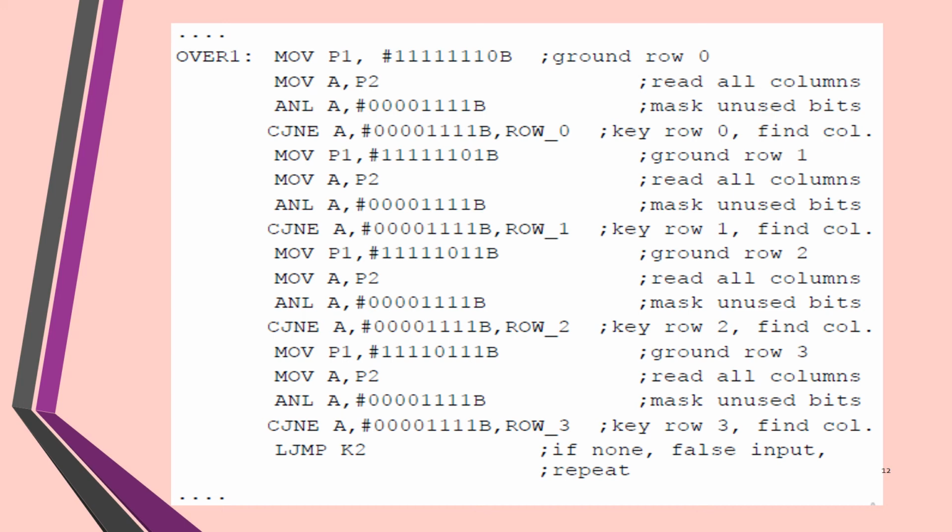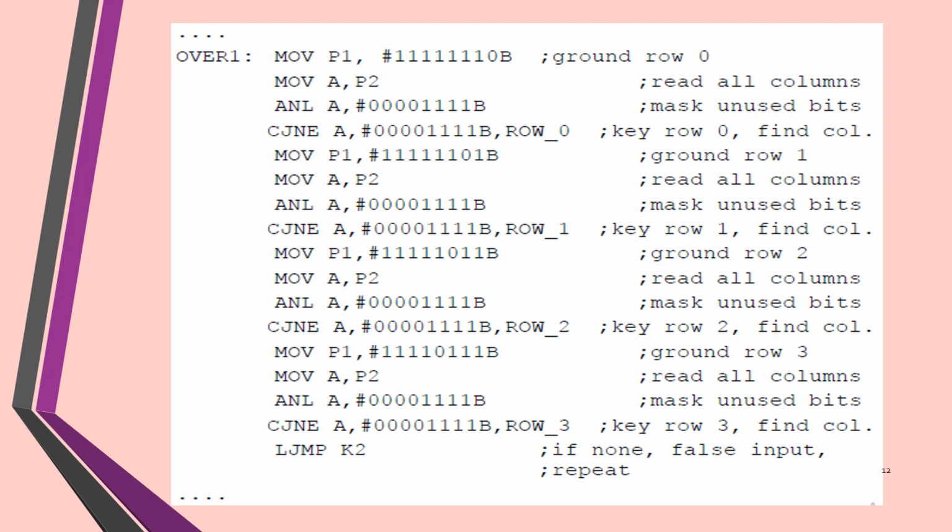Then compare, jump if not equal to A, #00001111B, to the row label. So the key is in the row, now find the column. Next is ground row 1: MOV P1, #11111101B. So ground row 1. Then whatever is the answer from P2, you send it to A.